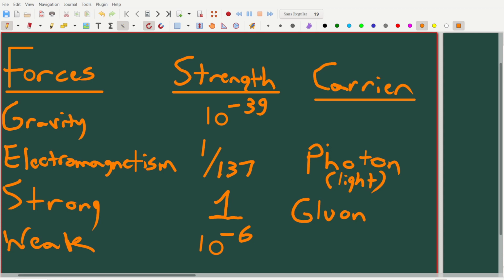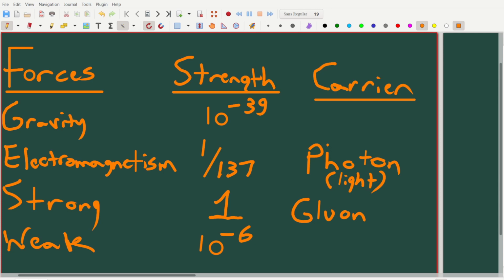In fact, what we'll see is that the strong force is what keeps nuclei together, partially. It also keeps the protons and neutrons together. As we'll see, protons and neutrons are actually composite. They have smaller particles inside of them. All of these particles are glued together with these gluons.